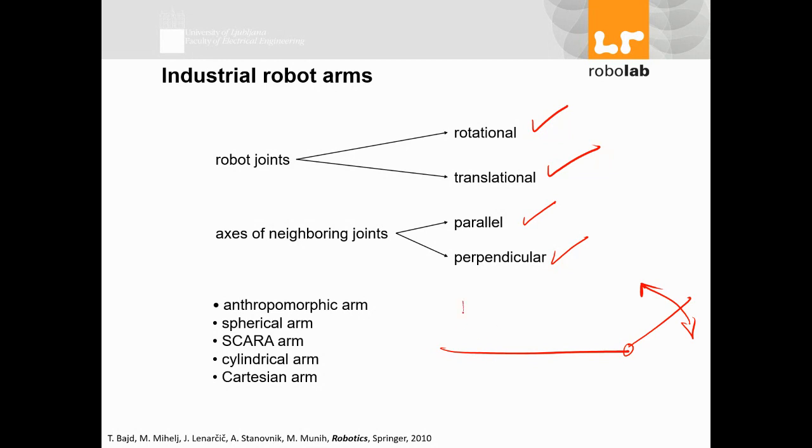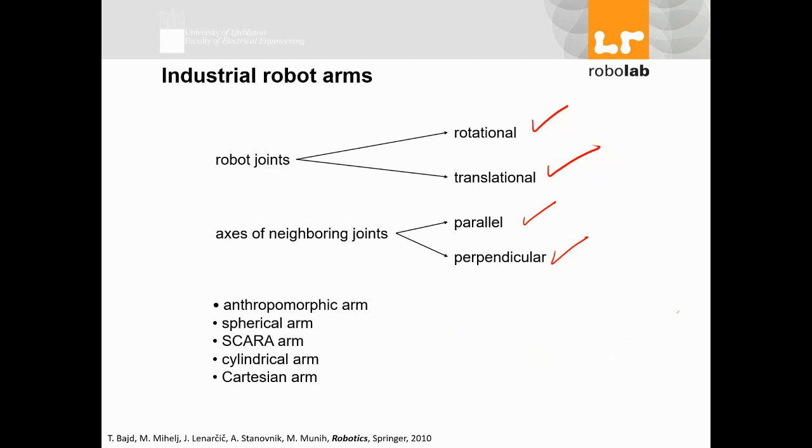So I can consider that this is X, Y, Z. This one might have a different coordinate system with respect to the original one. I'll talk about this later in the next chapter. So the axes of neighboring joints can be parallel or perpendicular to each other.